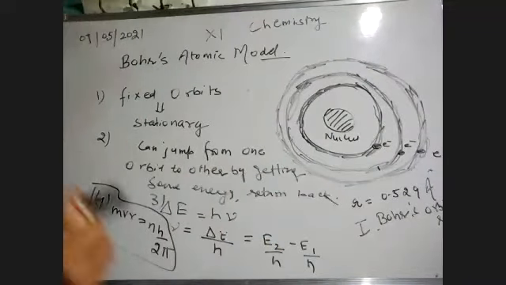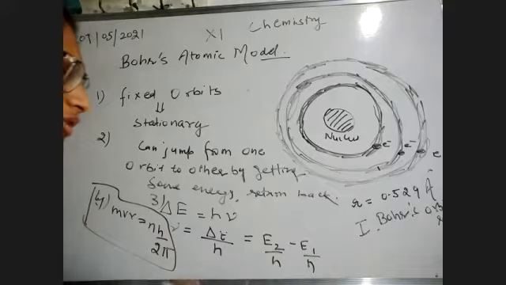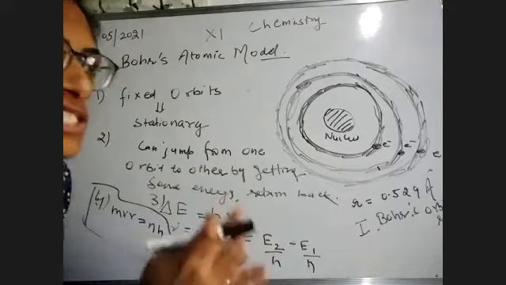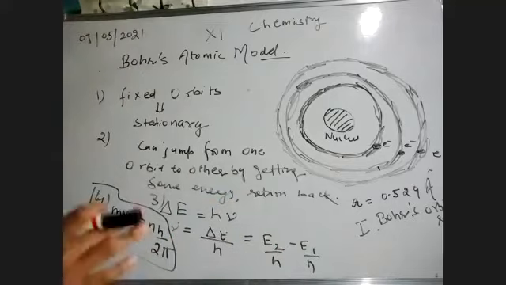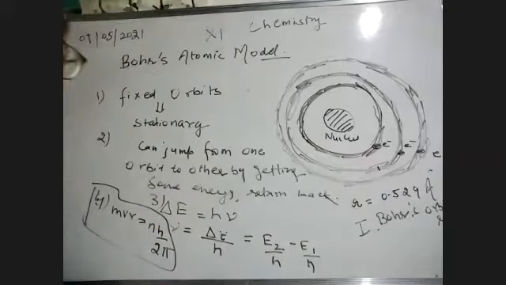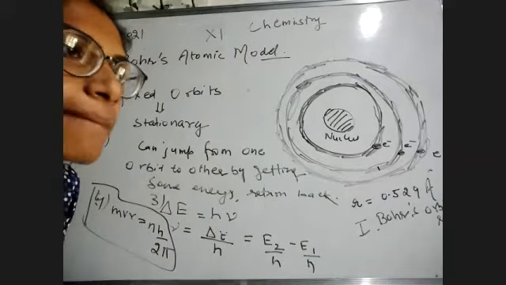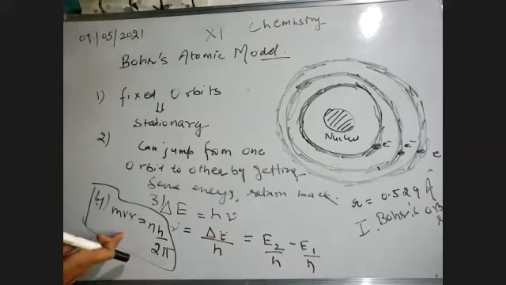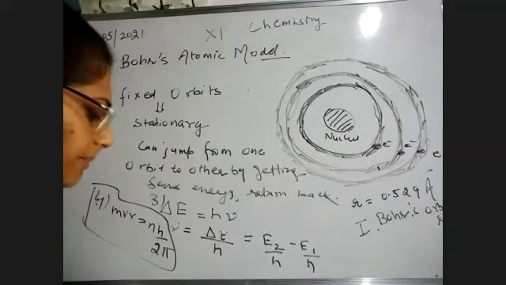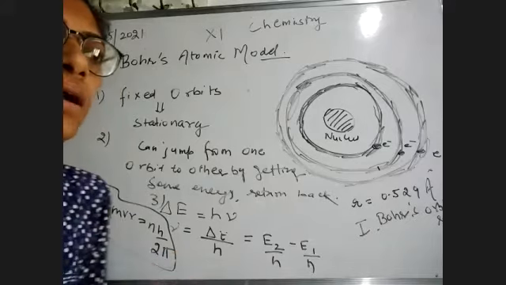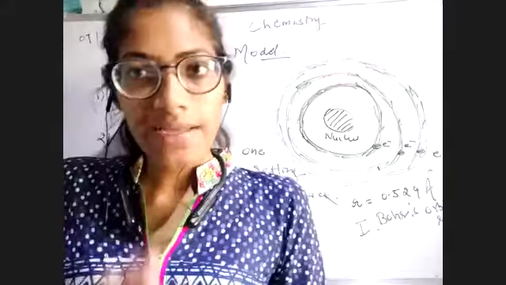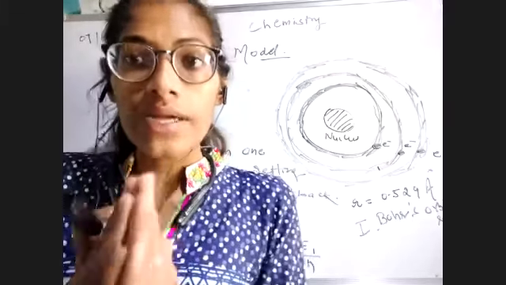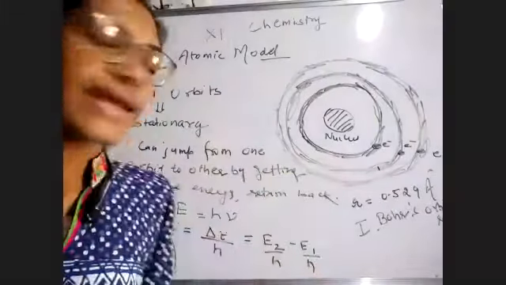Third point, he said that as we know delta E equals h nu, so we can differentiate these two orbits on the basis of energy. And finally he told us that as the electrons are moving in a circular orbit, they must possess some angular momentum, mvr, which is an integral multiple of a fixed quantity n h upon 2 pi, where h is known as Planck's constant, and what n is we will see in our next postulate.